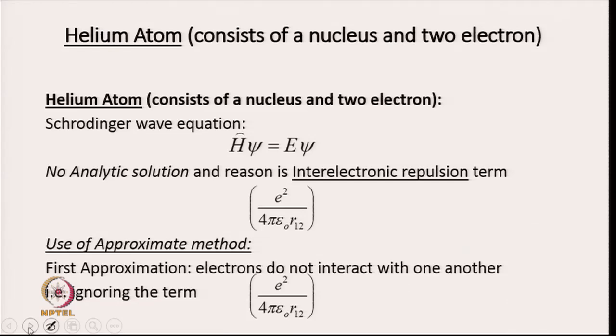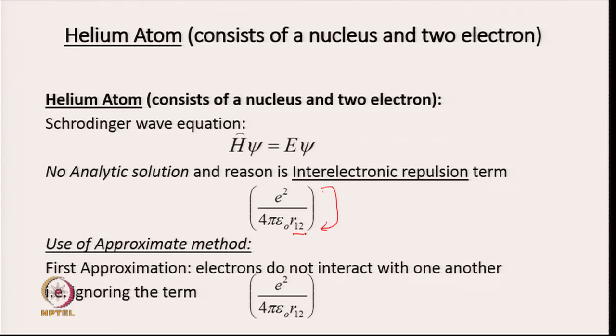This is because of the inter-electronic repulsion term, which between two electrons is given by e square divided by 4 pi epsilon naught r12, where r12 is the distance between two electrons.